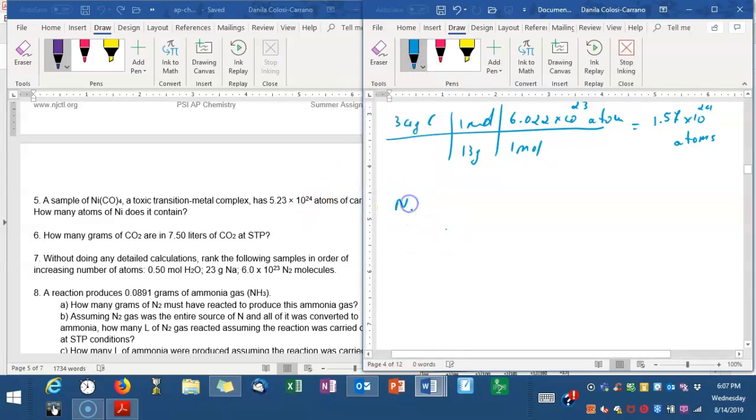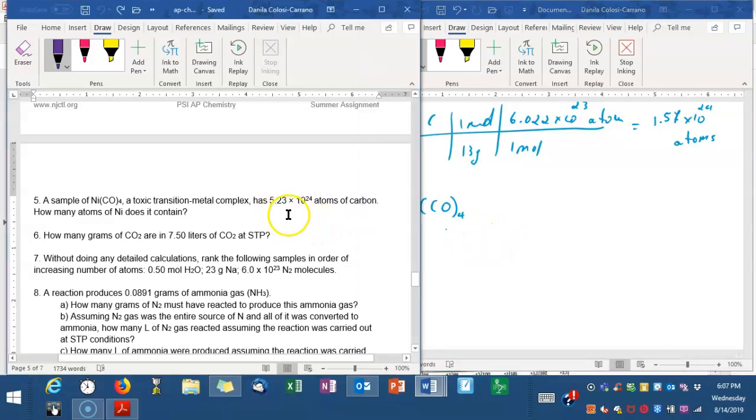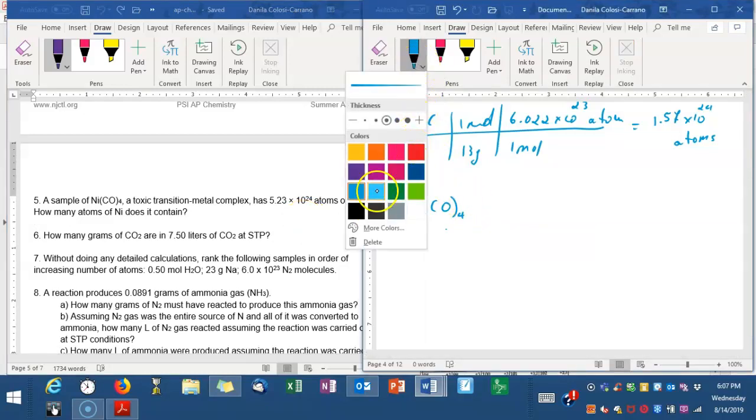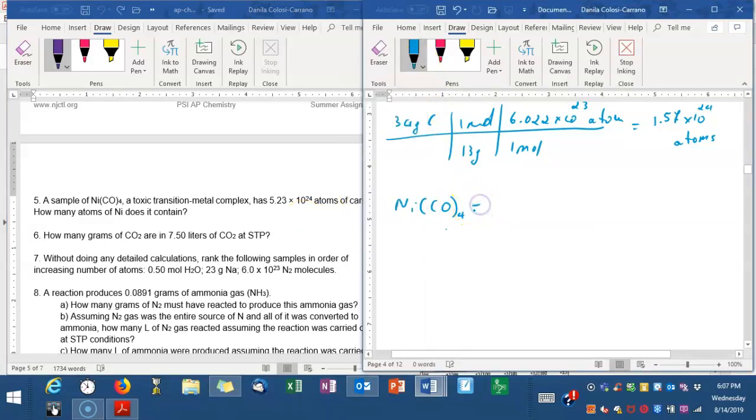Number 5, a sample of nickel carbonyl, Ni(CO)4, a toxic transition metal compound, has 5.23 times 10 to the 24th atoms of carbon. How many nickel atoms does it contain? They want to know nickel.